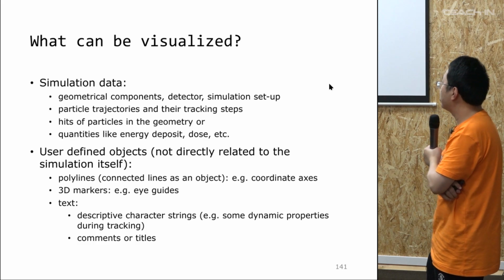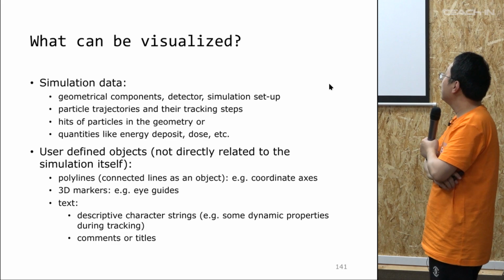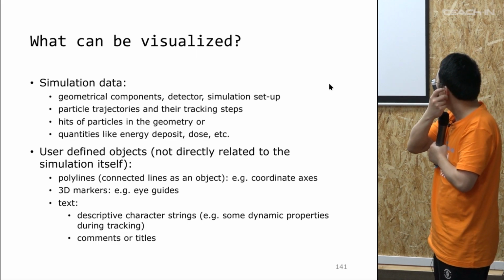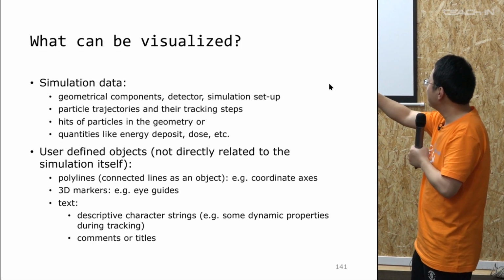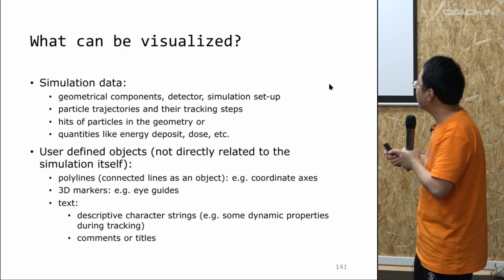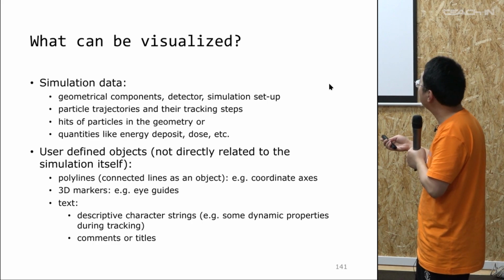Geant4 also provides you some user-defined objects. This is not related to the simulation itself, but is like a guidance. You can see which volume it is, and you can add some markers to help people understand the whole picture.